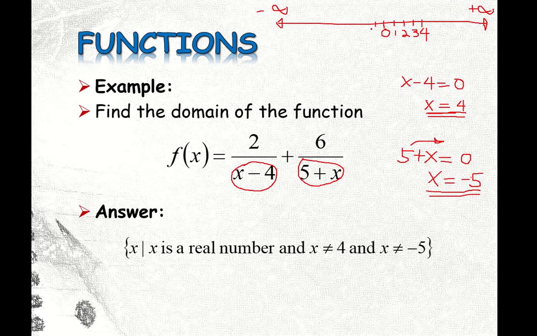So negative 1, negative 2, negative 3, negative 4, and we have negative 5 here.